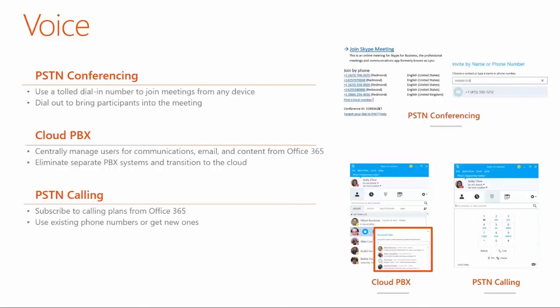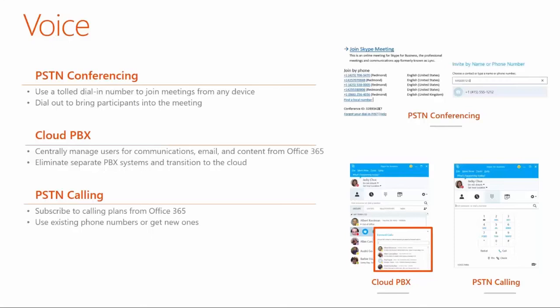Cloud PBX, when combined with PSTN calling, is your phone system in the cloud. Modern, and tightly integrated with Office 365. Users get the voice capabilities they need to make, receive, and manage calls from anywhere using any device. Now, PSTN calling is required for true enterprise voice solutions, but it also provides flexibility so that if you are in a situation where you have outstanding contracts, for instance, you may have a SIP provider you have a long-standing contract with that you still have 2 more years left.